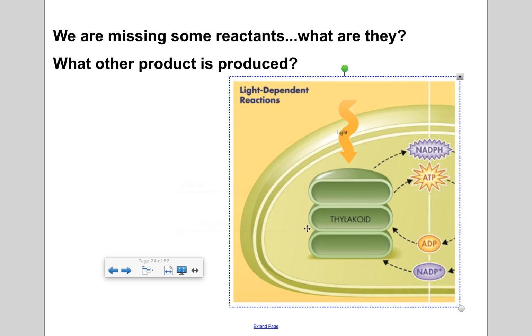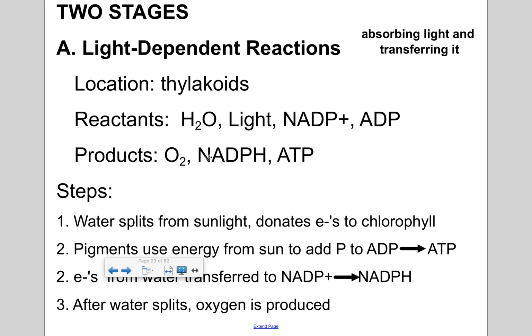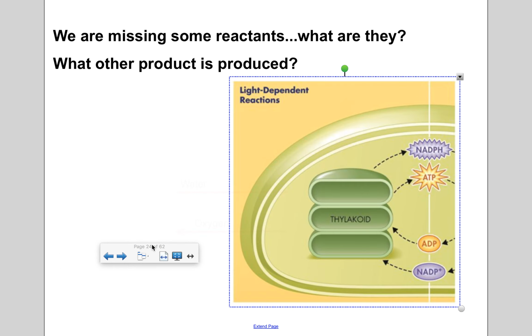What other product is being produced? Oxygen gas. So I accounted for NADPH, ATP, ADP, NADP+, but we were missing water, light, and oxygen. So water and light go into the thylakoid, oxygen comes out.